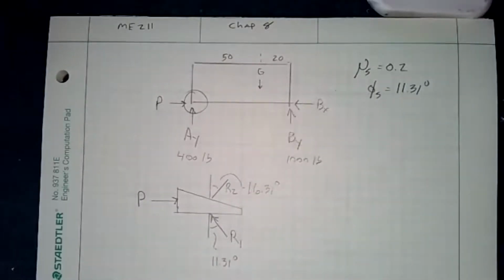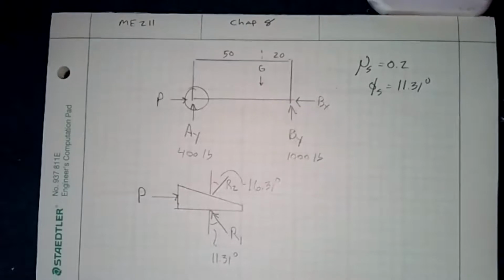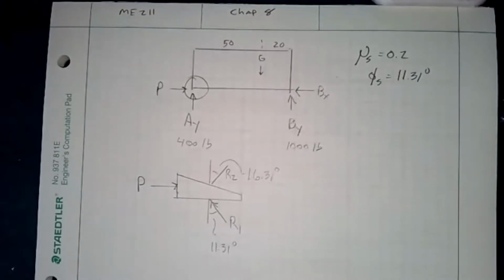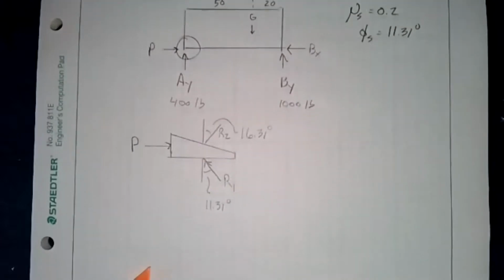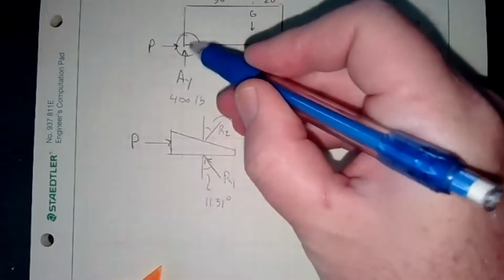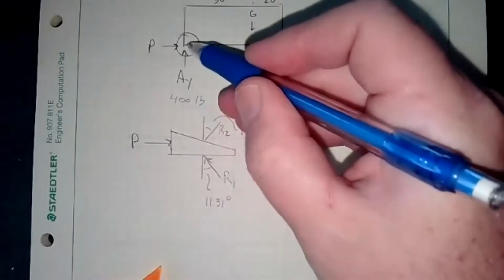So we have those. Now, what we want to do again is figure out what is what in terms of the friction and what is the load. Now, this one is interesting because if we look at this again, we look at AY. We know we have a vertical force there that's 400 pounds.